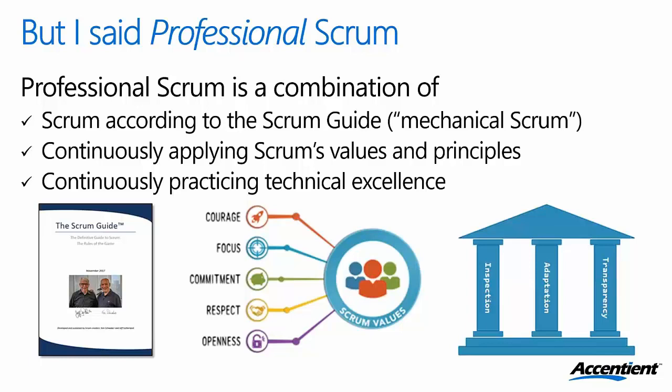And I'm going to go into those, and also continuously practicing technical excellence, which is to say that you're looking after the automation, you're looking after continuous builds, you're integrating continuously, you're doing continuous delivery, continuous testing, continuous improvement, always trying to evaluate the latest tools and technologies and practices for how can it improve your flow and improve the value of the software you're delivering.